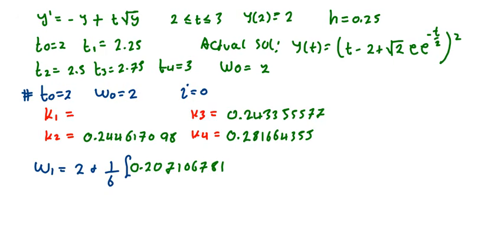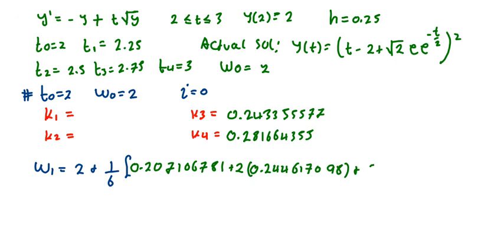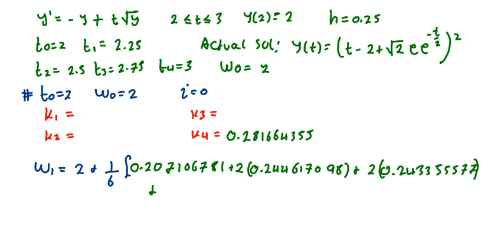Then I'll say plus 2 times our k2, which is this value. Then we say plus 2 open bracket, then we have this, placing it right here. Remember, we're also adding k4, which is this value that we have right here. Then we can close our brackets like that.